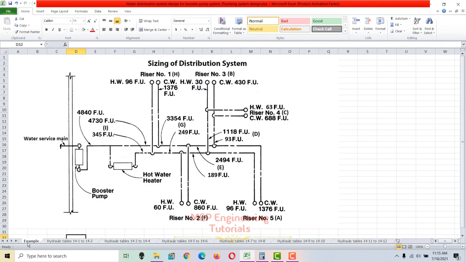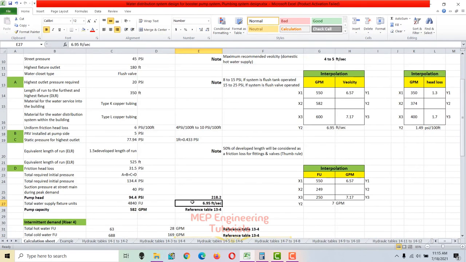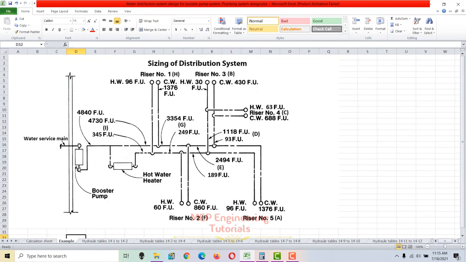So this pipe segment from the booster pump discharge up to this point will be 6 inches. So the same water supply fixture units you will have here, 4840 fixture units, so the same pipe size we can use in here.